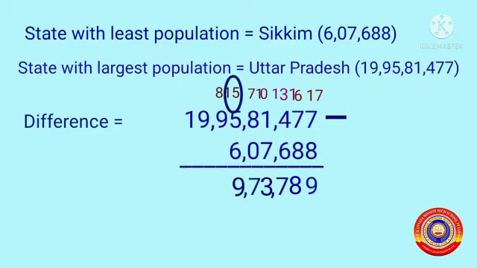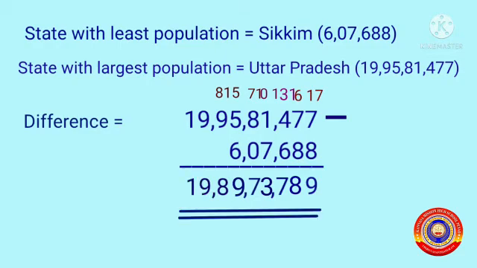Then there is no number for subtracting in the next place, so write 8 here. Next 9 and then 1. Now we got the answer as 19 crore 89 lakh 73,789. Is it clear for you?